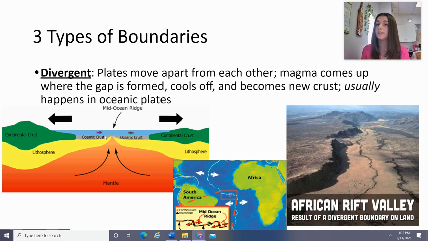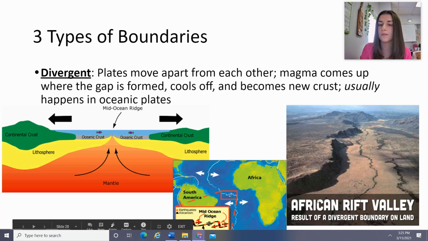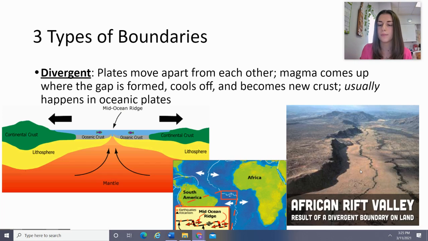And so the newest crust is always where those two plates meet. An example of this is the African Rift Valley. And this is a result of a divergent boundary on land. So as you can see, these two plates are moving apart, which is why there's a big gap there.